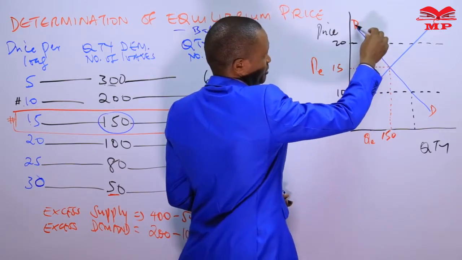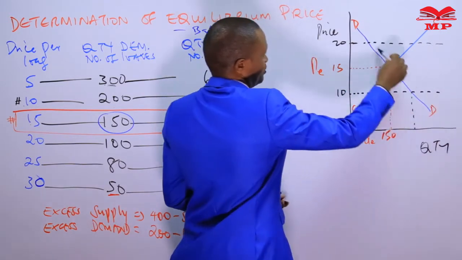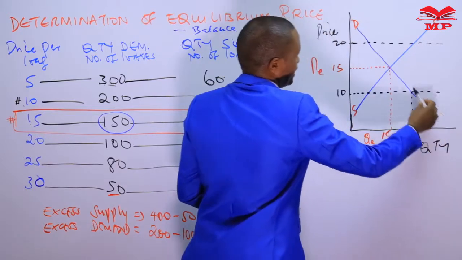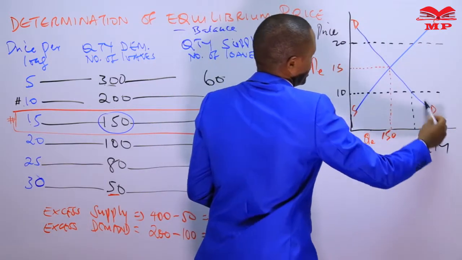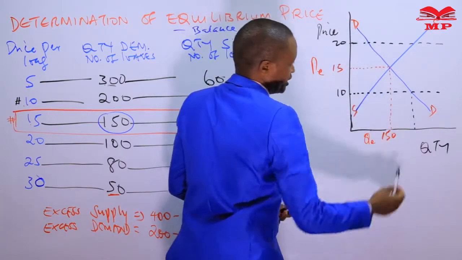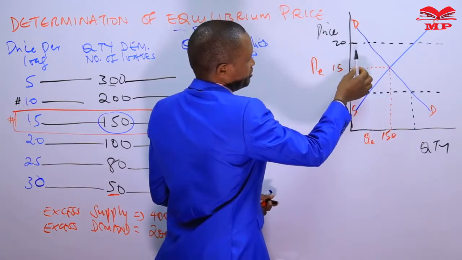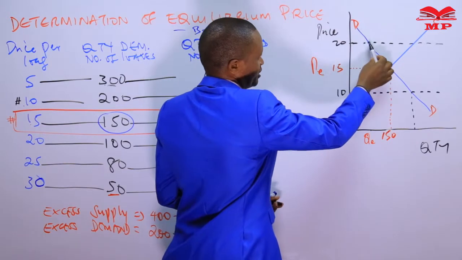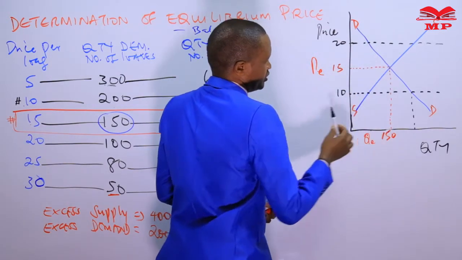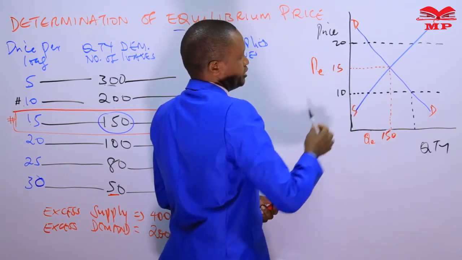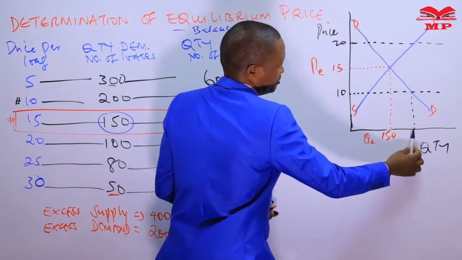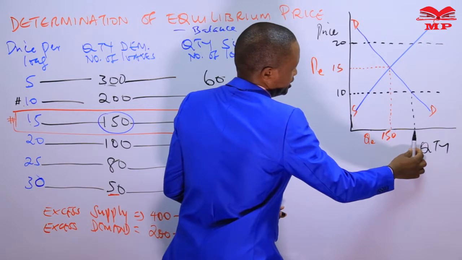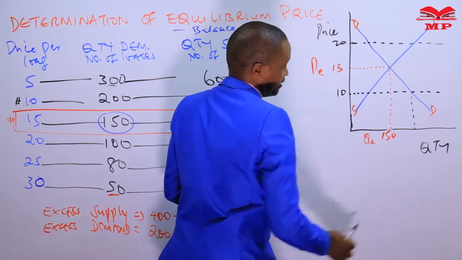I'm using the demand curve to explain the impact of price on demand. So when the price is up, you see the demand is down. When the price is up, the demand is less. When the price is down, the demand for the loaves is high.